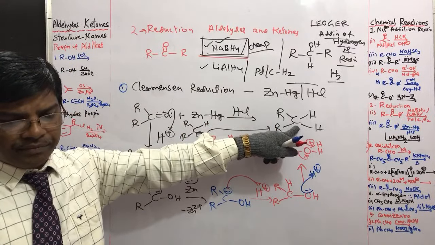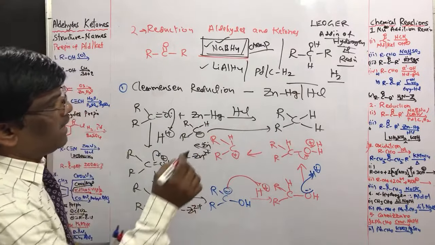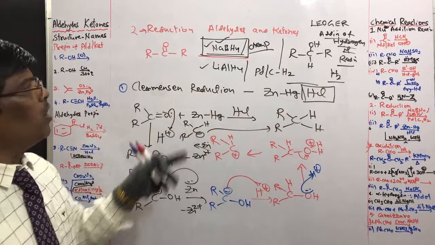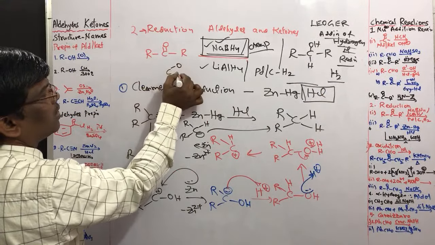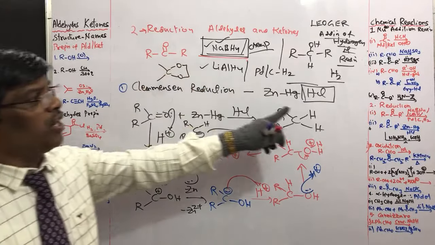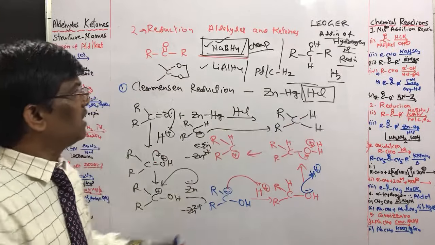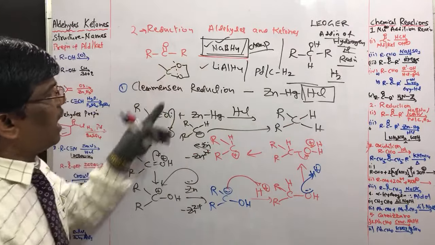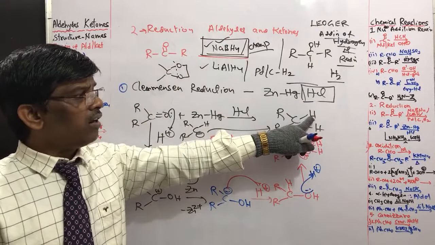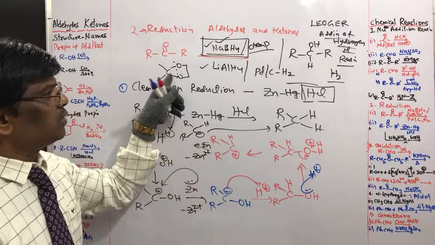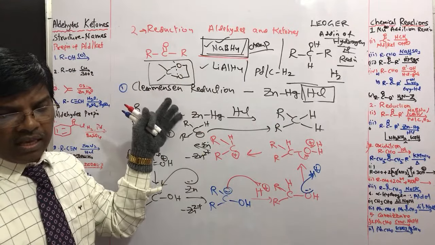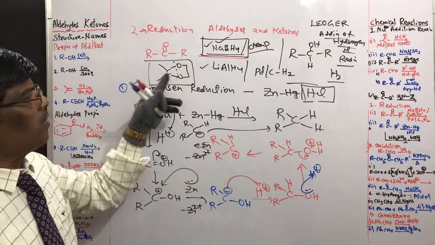The key factor is that it is an acidic medium. If the compound has an acid-sensitive group, such as the ketal group, the ketal group is going to be cleaved, and the carbonyl compound is also going to be reduced to the hydrocarbon, with 2 hydrogens added. Students, please concentrate on this type of key point.